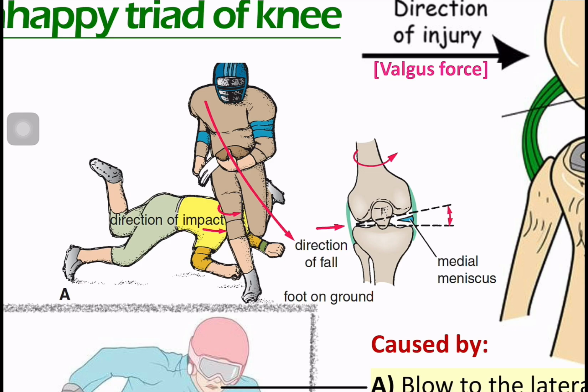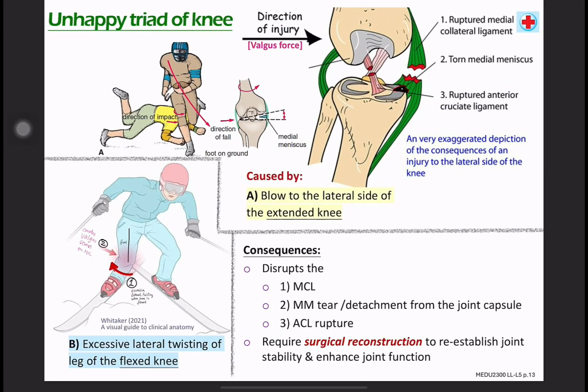Imagine a player whose femur is medially rotated on the fixed tibia with the foot planted on the ground. If another player hits the lateral side of the knee, applying a valgus force, it can damage these three structures simultaneously.